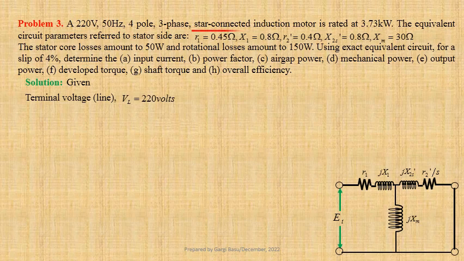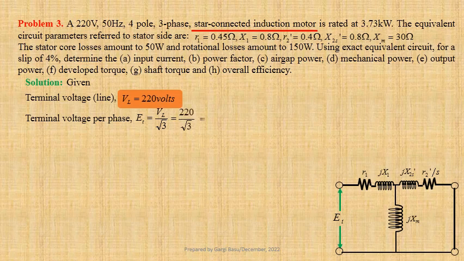Given line-to-line terminal voltage VL equals 220 volts. For star-connected induction motor, terminal voltage per phase ET equals VL by root 3, that is equal to 220 divided by root 3, that gives us 127 volts.